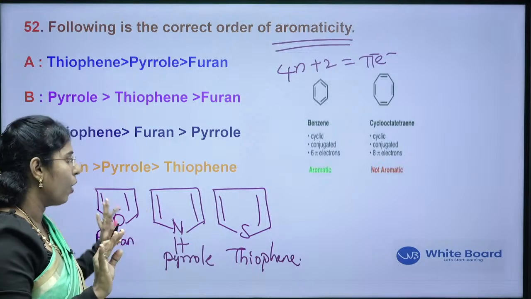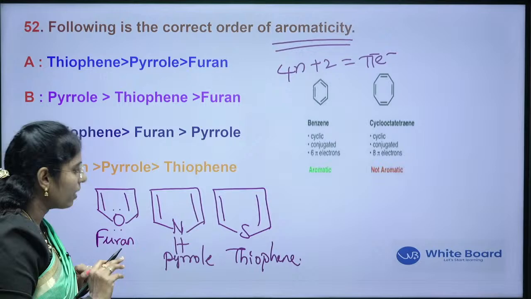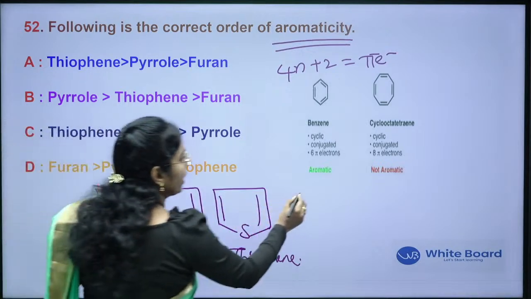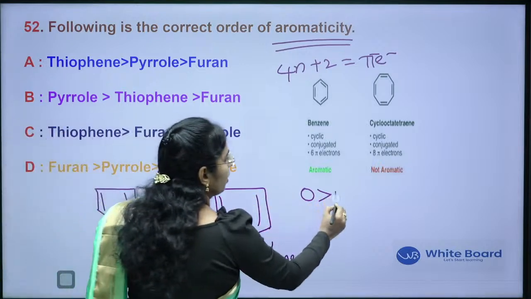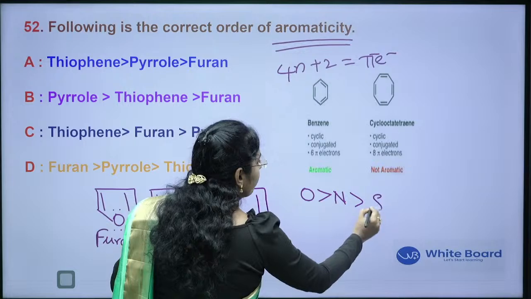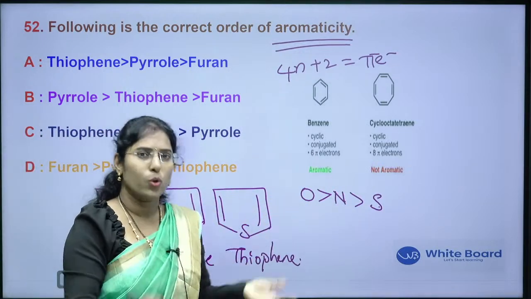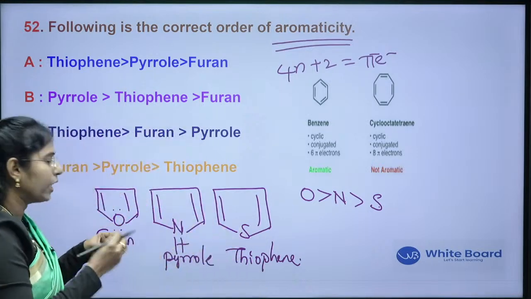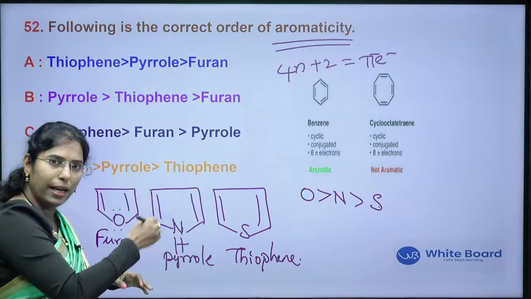But the only thing is, out of these, which one is more aromatic? See, what is happening here? Oxygen is a highly electronegative atom. Next comes nitrogen and next it will be sulfur. If an atom is highly electronegative, then what will it do? It will not give its lone pair readily for delocalization of the electrons.